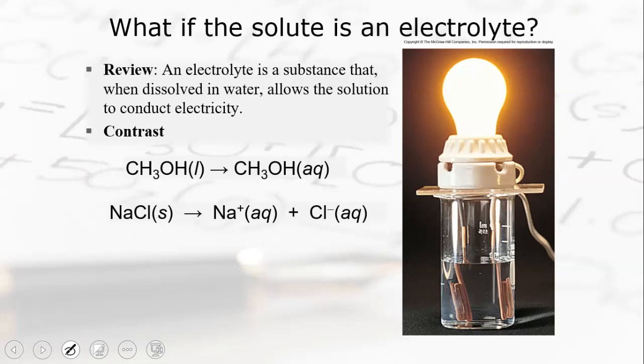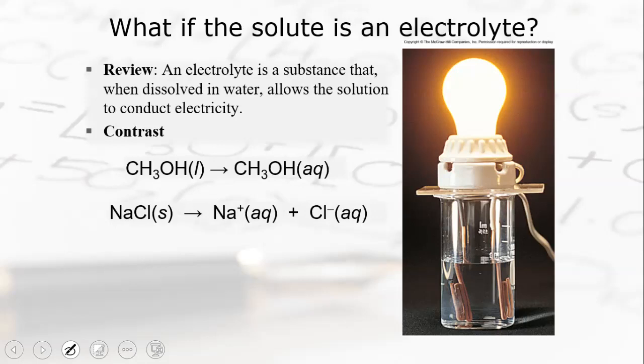But what about sodium chloride or salt? Well, when I put salt in there, each unit of NaCl becomes 1 unit of sodium ions and 1 unit of chloride ions. So in terms of the numbers of particles in the solution, notice that we have duplicated them. We don't have 1 particle per unit of sodium chloride. We have 2 particles.